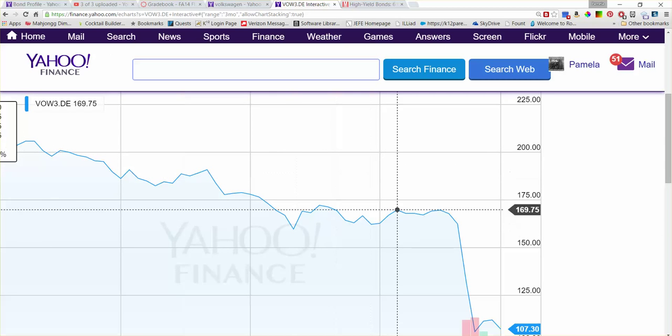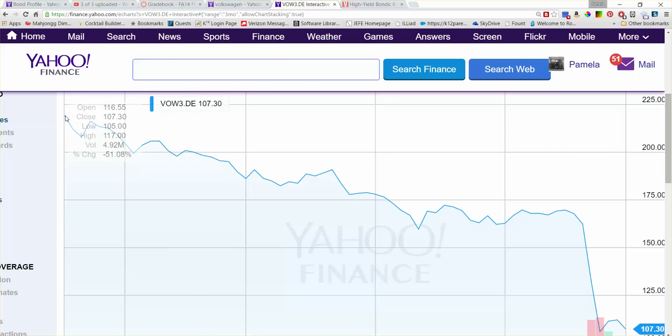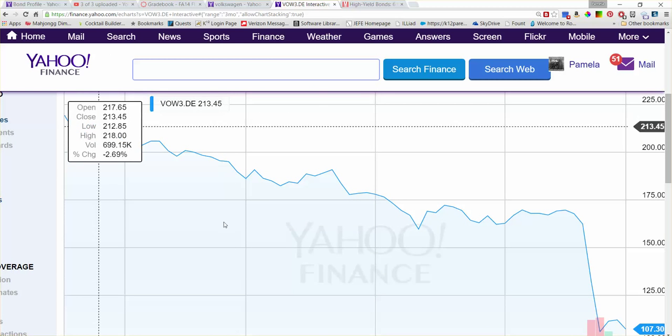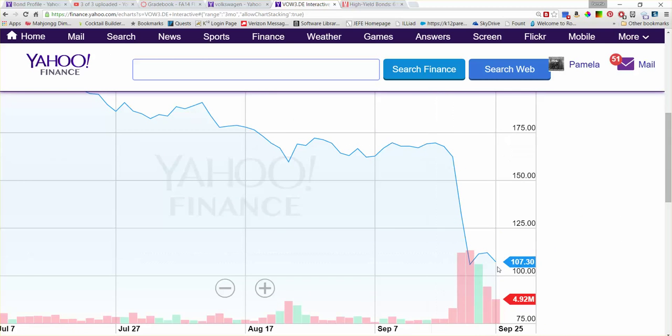It went from a high at some point in the past, oh, actually, here's the high, of what, 219 dollars a share, and then after they admitted that they had falsified the data, its price has dropped drastically down to 107. So it's dropped by more than half, really just in a matter of weeks. So the market has reacted extremely negatively toward Volkswagen's issues.